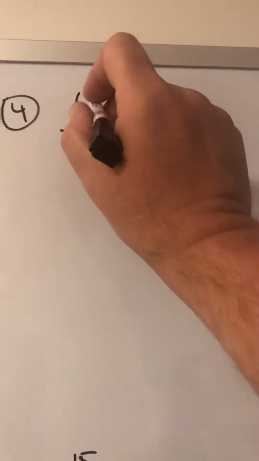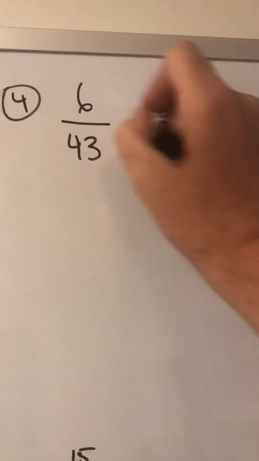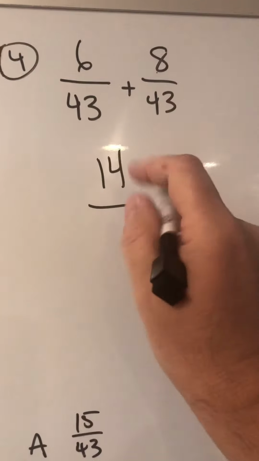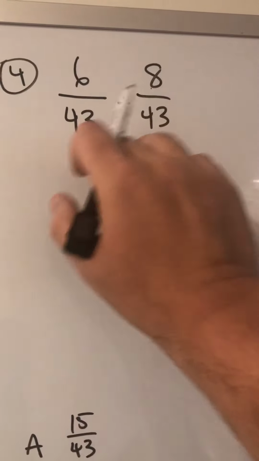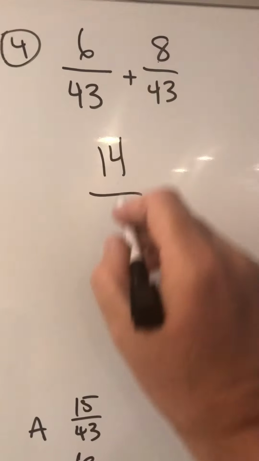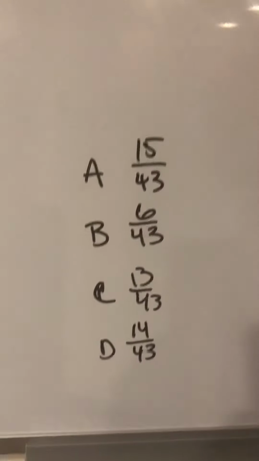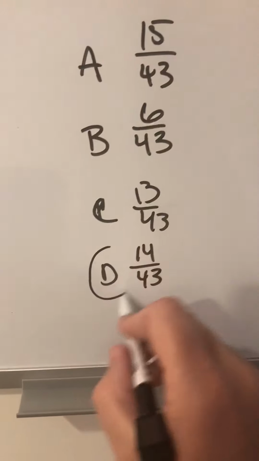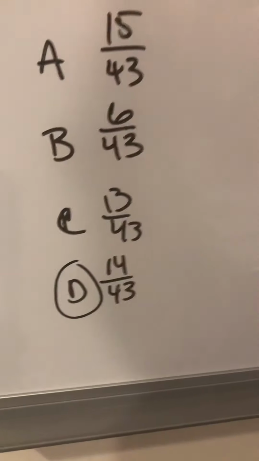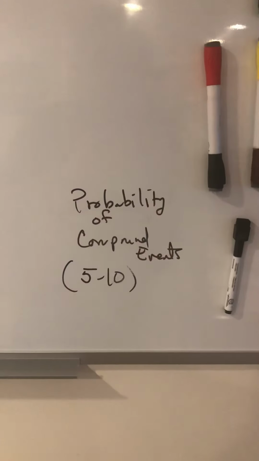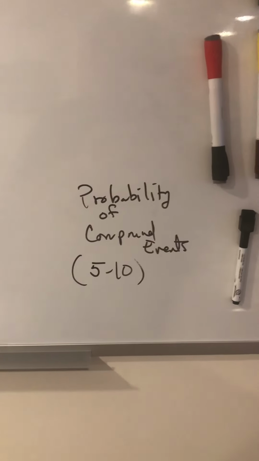So we're just going to add those two together. We get 14. Remember, when you add, you don't mess with the denominator because they're already the same. So that's 14 out of 43. That's D, okay? So what you guys want to do, probability of compound events, 5 through 10.